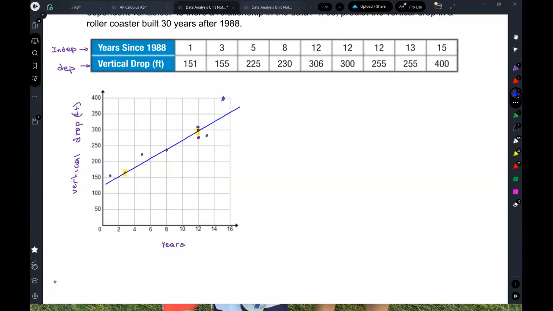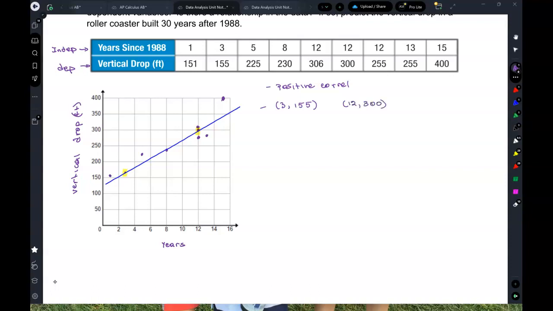And once you identify 2 points, we know there is a positive correlation. What are the 2 points? We have (3, 155) and the other one is (12, 300).